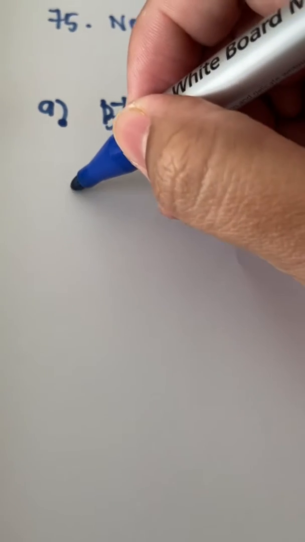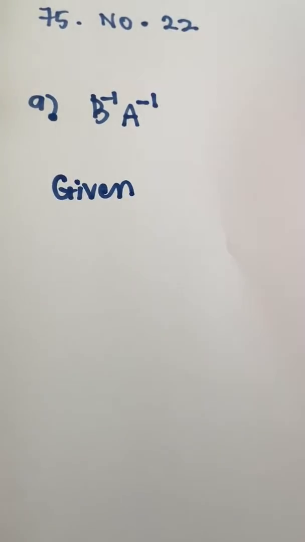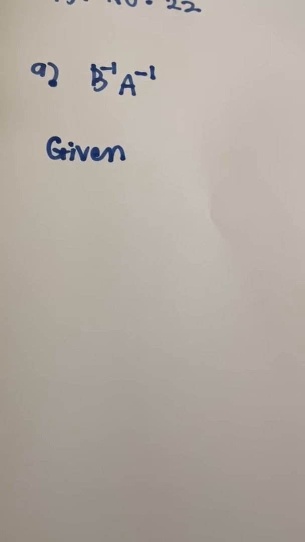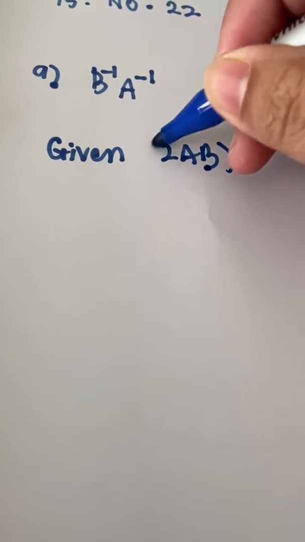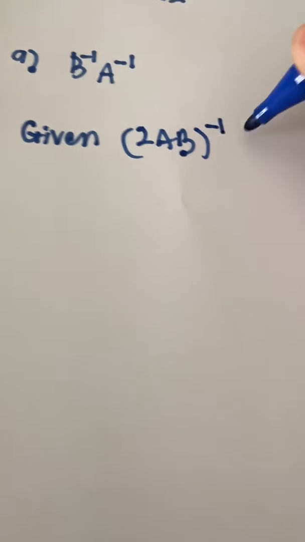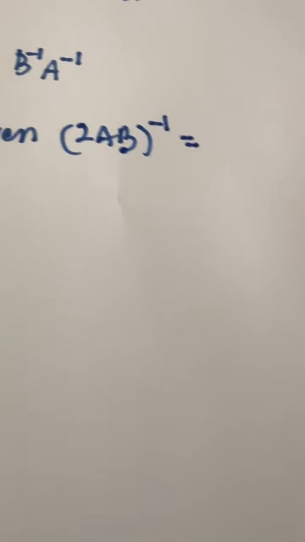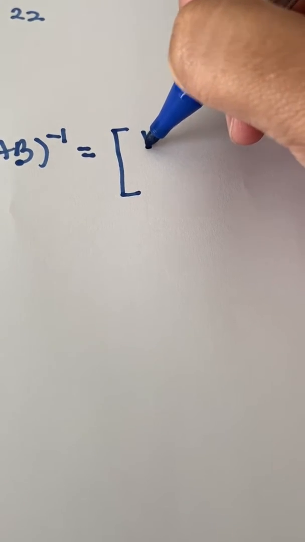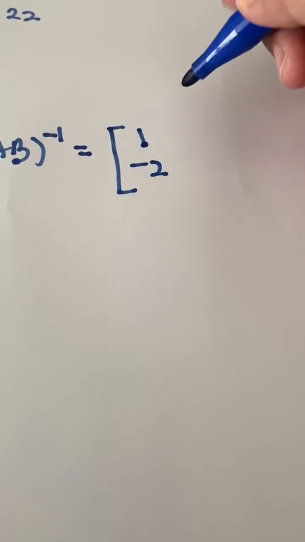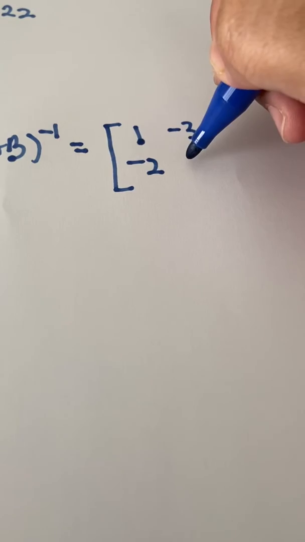Okay, so given, so in the question you already given 2AB, so in bracket inverse is equal to 1, -2, -3, and 5.